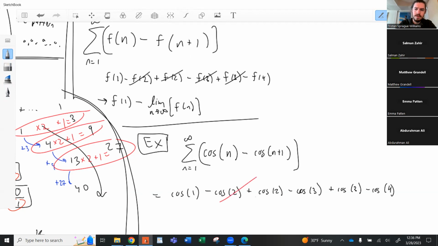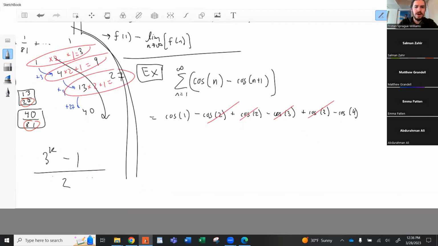So these cancellations happen like that as you go. If we are a little more cautious about setting this up, we can look at the partial sums. S1 is cosine of 1 minus cosine of 2. S2 is going to be cosine of 1 minus cosine of 3.